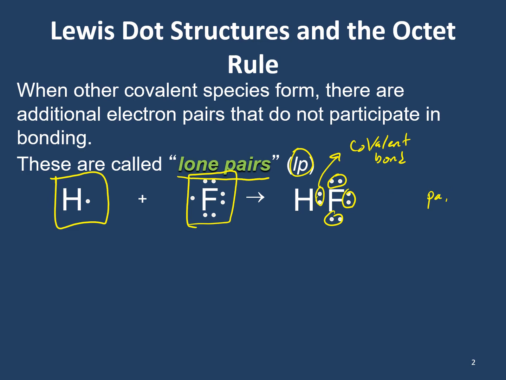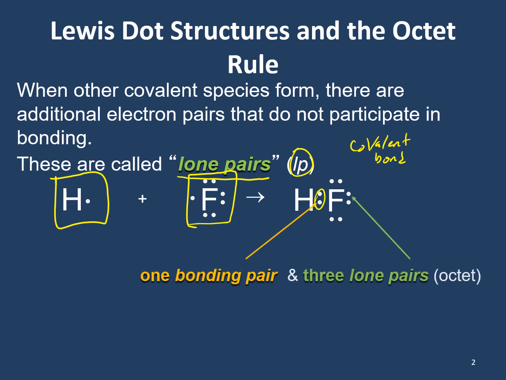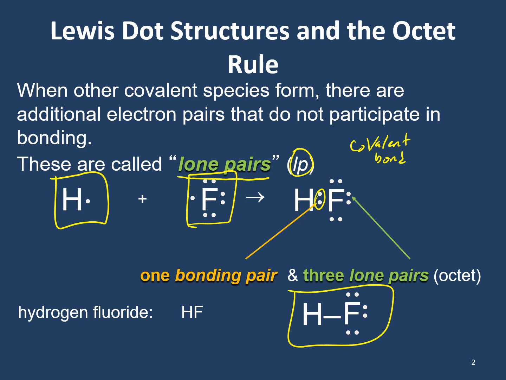Now, one of the things that we're going to see here is that, again, we don't keep that like this. We're going to make that a line. So the correct Lewis structure for this would look something like this, where this is our bond, it contains 2 electrons, and then each of these also stays as lone pairs around the fluorine. Now, if we count fluorine's electrons, there are 2 here, 2, 2, 2.